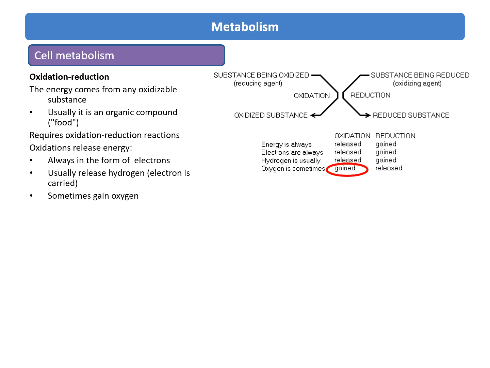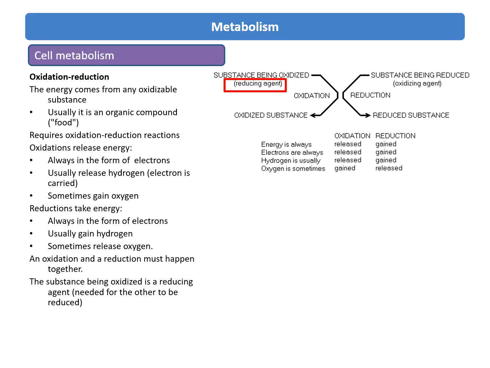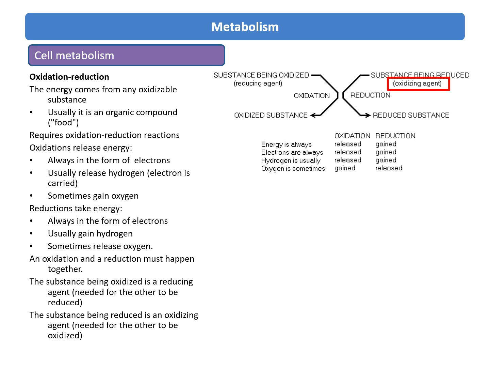Sometimes an oxidation occurs when a substance gains oxygen. Reduction, on the other hand, takes energy, always in the form of electrons. Sometimes it gains hydrogen, and sometimes it releases oxygen. An oxidation and a reduction must happen together. The substance being oxidized is a reducing agent because it's needed for the other to be reduced. The substance being reduced is an oxidizing agent. It's needed for the other to be oxidized.